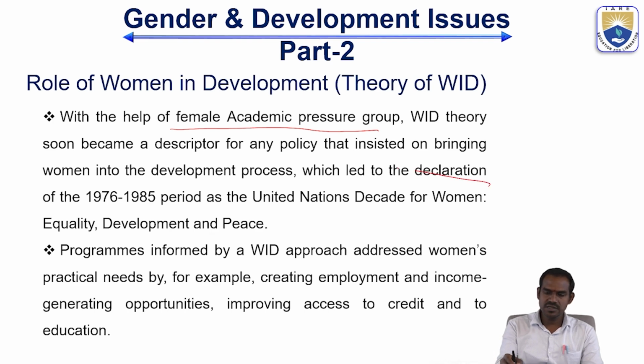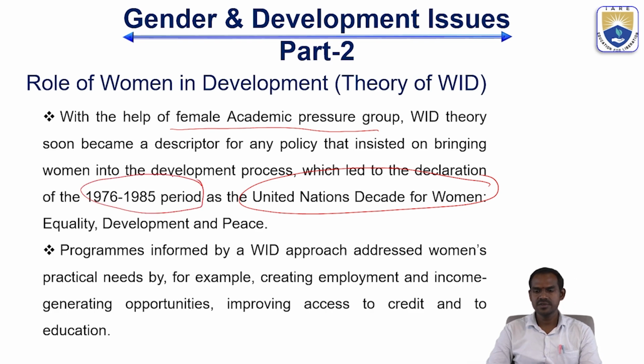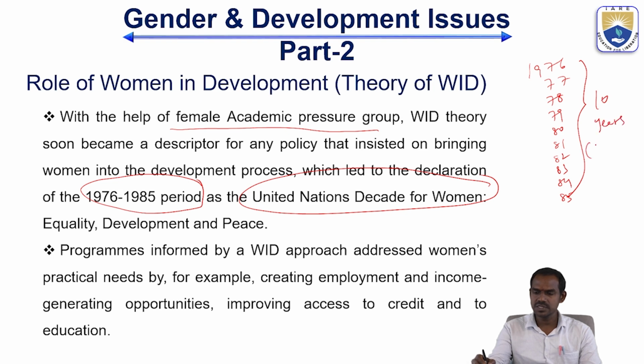What is the United Nations Decade for Women? The period of 1976 to 1985. If you count 1976, 77, 78, 79, 80, 81, 82, 83, 84, 85, there are 10 years, which is a decade.